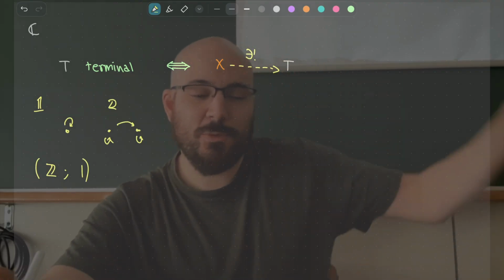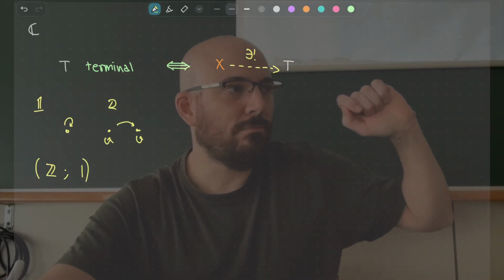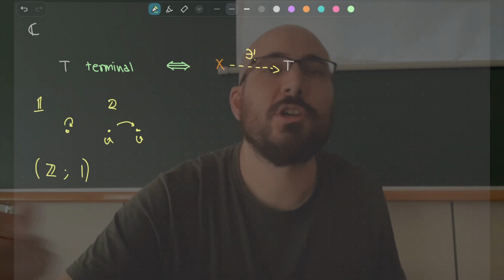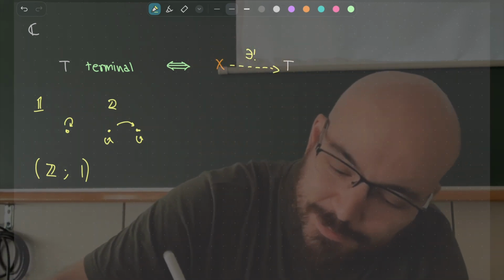So about the integers with divides, does it have a terminal object? Ideas. So what are the objects here? It's good to translate the definition like that.